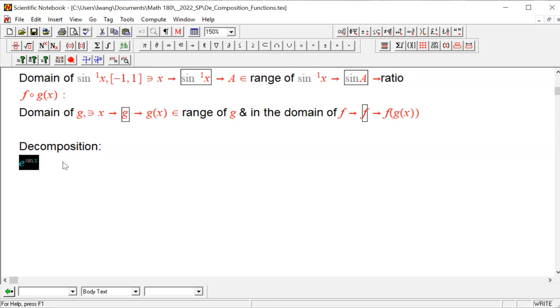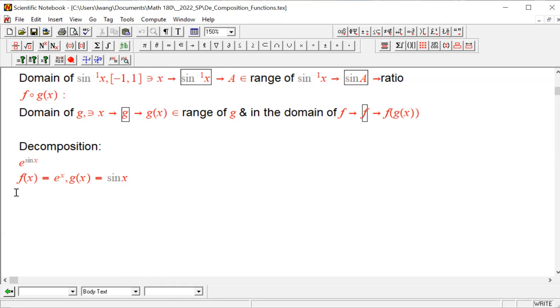This function can be viewed as a composition of two functions. So when we decompose it, we have two functions. One is the function f, which we're going to call e to the power x. And the other function we're going to call g, which is going to be sine x. Let's see how we can get e to the power sine x from f and g.